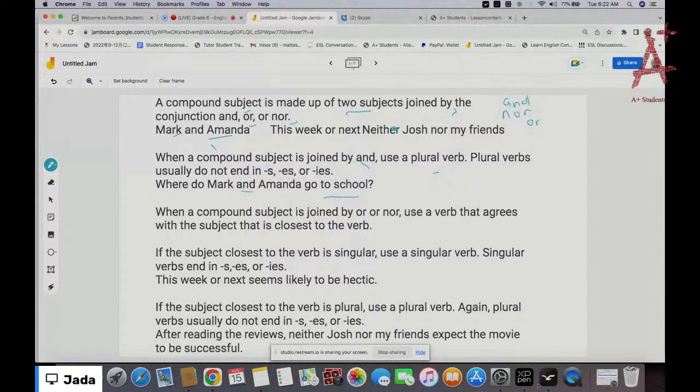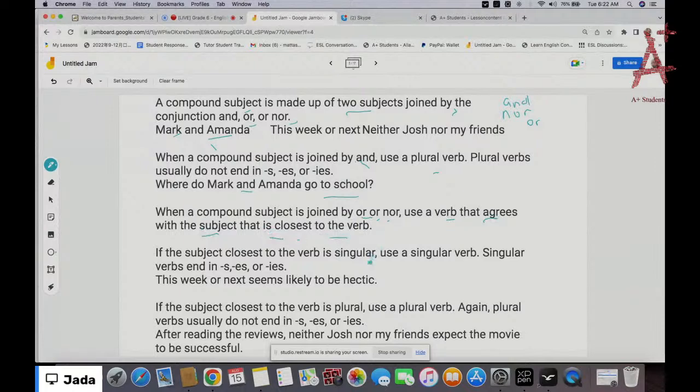All right. So when a compound subject is joined by "or" or "nor", you use a verb that agrees with the subject that is closest to the verb.